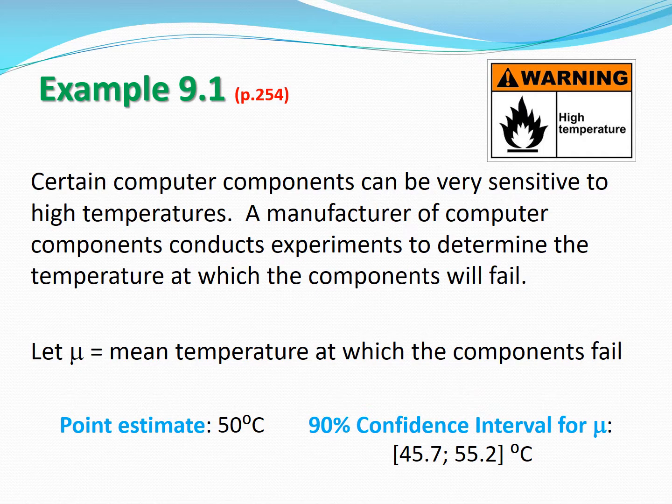So if he calculates a single value like the sample mean and uses that to estimate the population mean, that can be a single value, for example 50 degrees Celsius.